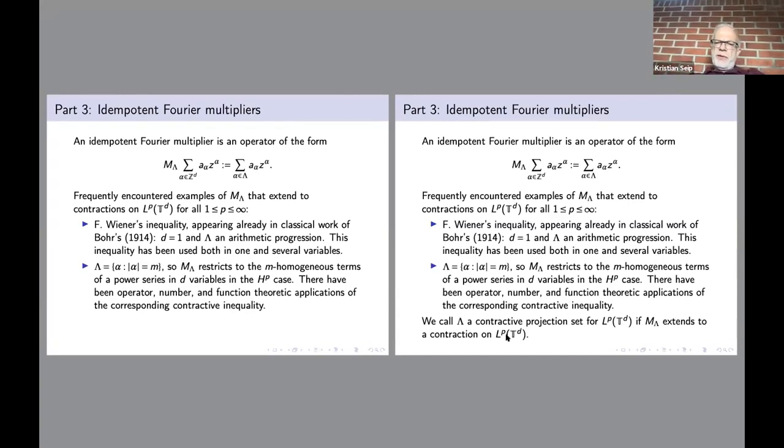So it's natural, before we go to HP, to start with LP. That is presumably an easier problem. So let's start there, and we call lambda a contractive projection set for LP if this Fourier multiplier extends to a contraction on LP.